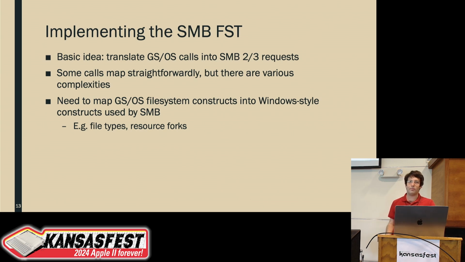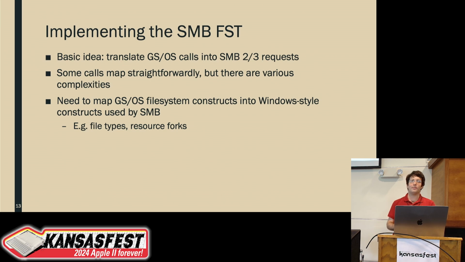Some system calls map pretty straightforwardly, for the most part at least, things like read, write, open, close. You can see in that previous list of SMB operations I used, they map reasonably straightforwardly between GSOS calls and SMB operations. But there are some complexities there. As I said, SMB is really operating on a Windows-style file system model.